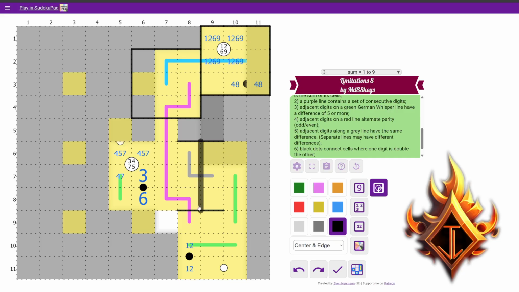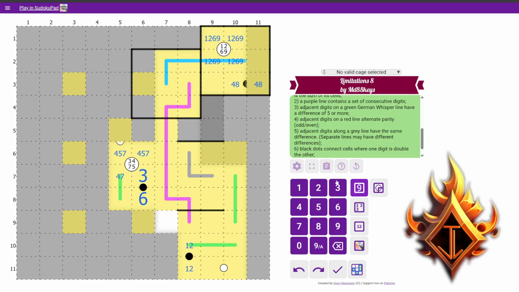Now, could that be the edge? I think so at the moment. But this is going to go ahead and be yellow.